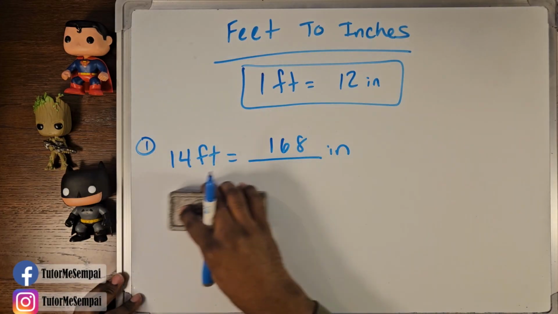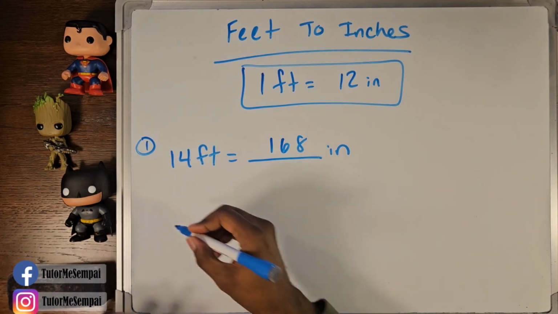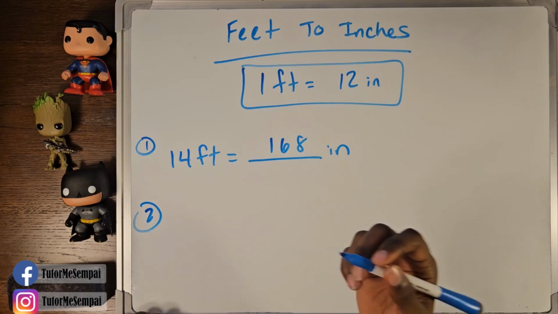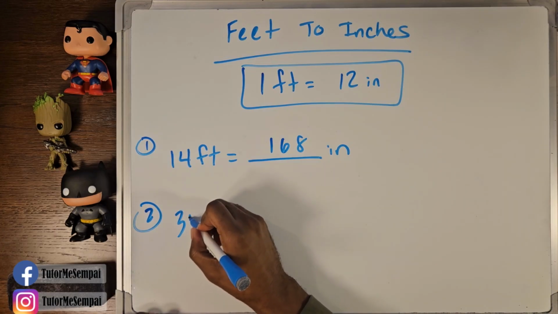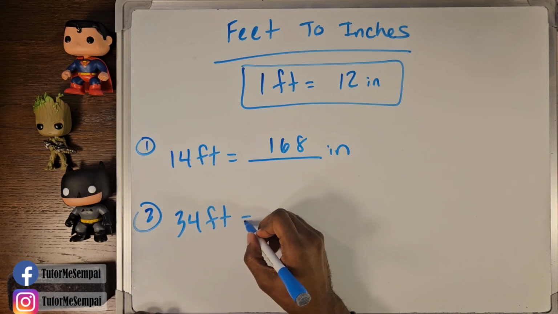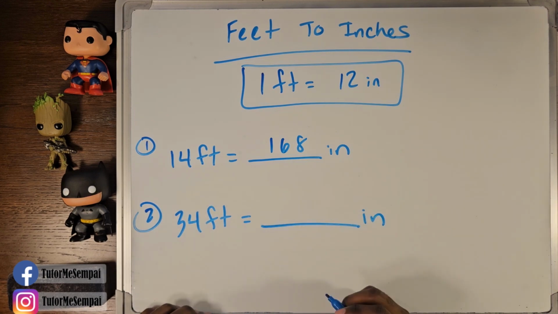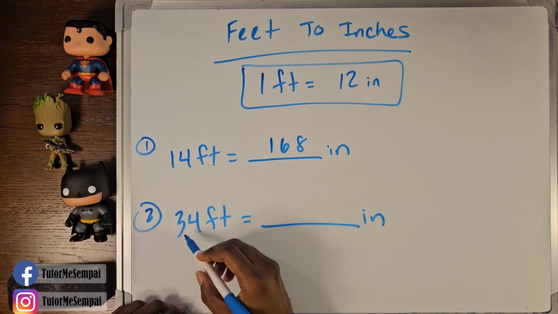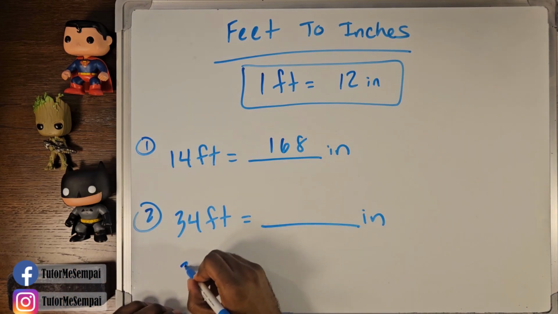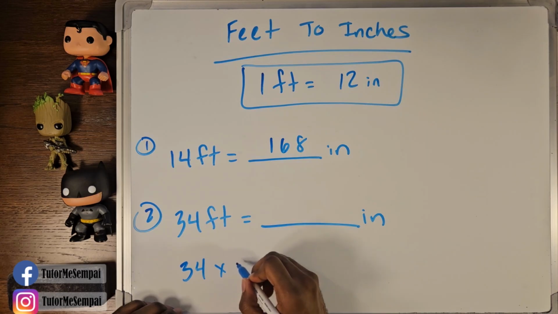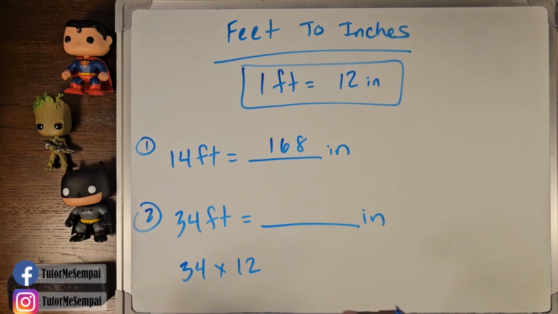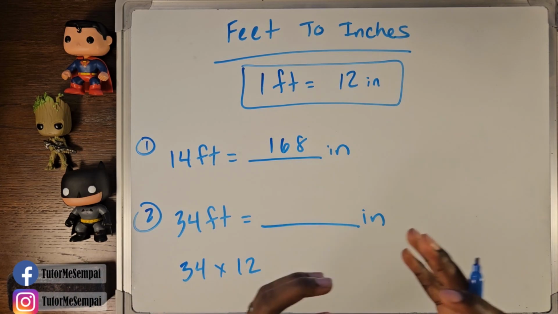So let's look at another example just to drive the point home. Let's say we were given instead 34 feet. And we want to know how many inches are in 34 feet. So just multiply 34 times 12. There's going to be 34 groups of 12.